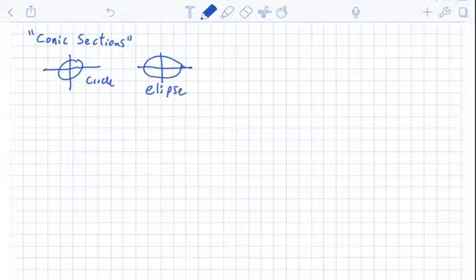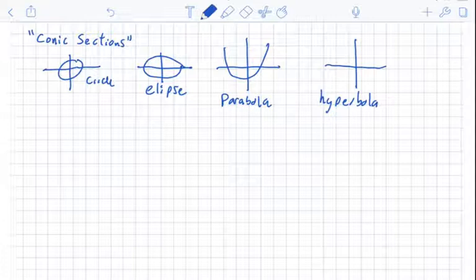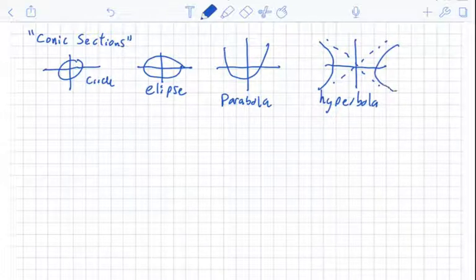There's another one called a parabola, which we're talking about today. And there was another one called a hyperbola. Maybe you've heard people say, oh, you're being hyperbolic. Well, that's in reference to a shape called the hyperbola. Hyperbolas look like this. Okay?